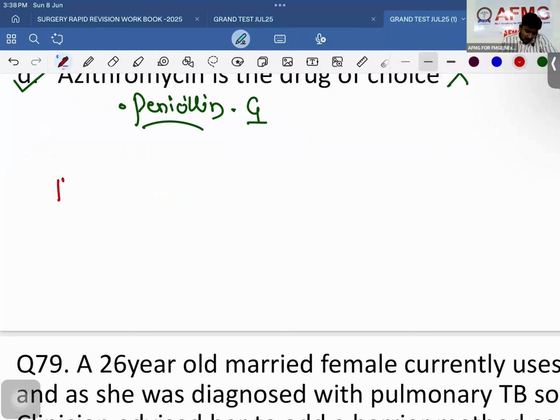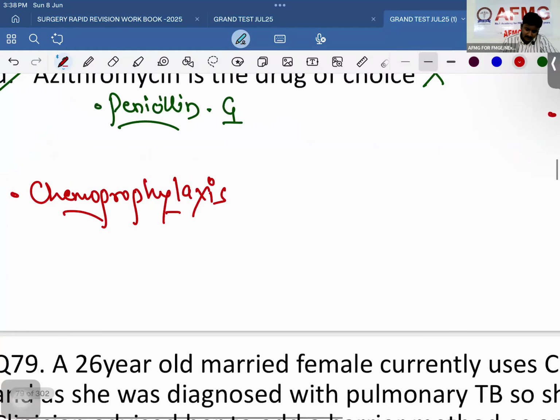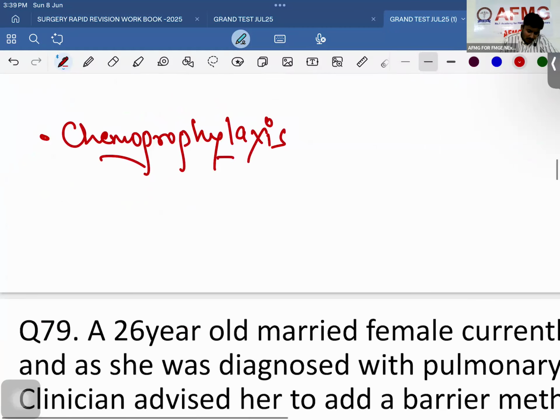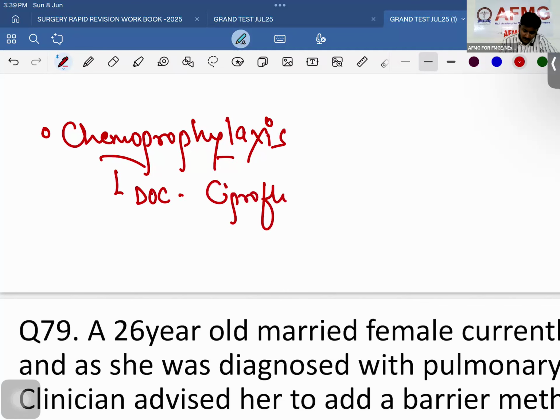If they ask you about chemoprophylaxis, beta, so please remember, children, if they ask what is going to be the drug of choice for chemoprophylaxis of meningococcal meningitis, it will be, say it, ciprofloxacin.